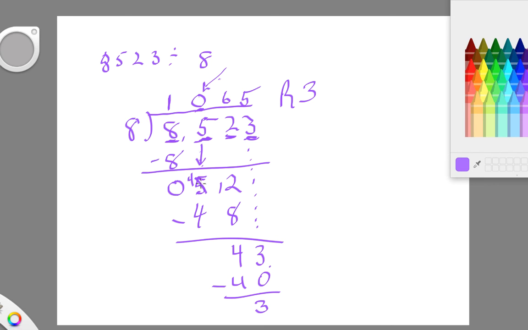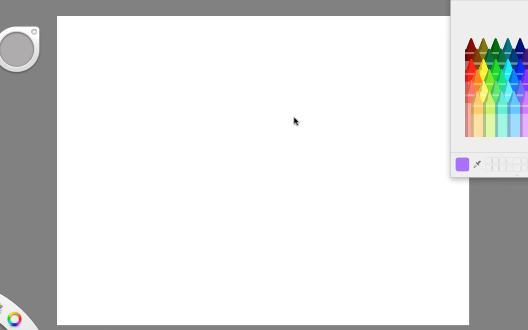Because 5 was smaller than 8, we couldn't use it. 5 hundreds doesn't work when we're multiplying by hundreds because it's smaller than 800. So we had to use a 0 and then bring down our next number, which was the 2, 52, and go along like that. And we'll probably see some more of those, so make sure you don't get surprised by that.